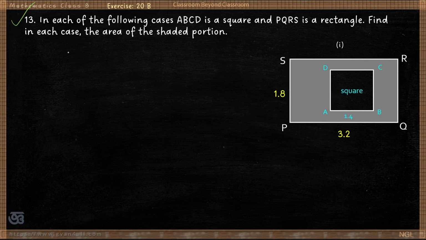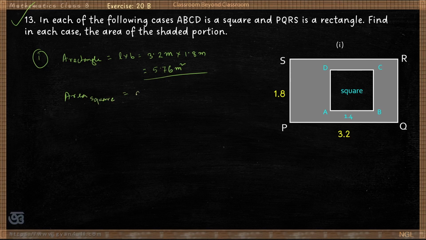So how can we do it? Say the area of the rectangle is equal to L into B, that is equal to 3.2, it is given in meters, I think, 3.2 multiplied by 1.8 meters, and that is equal to 5.76 meters square.